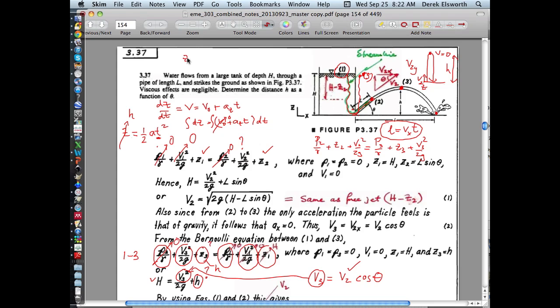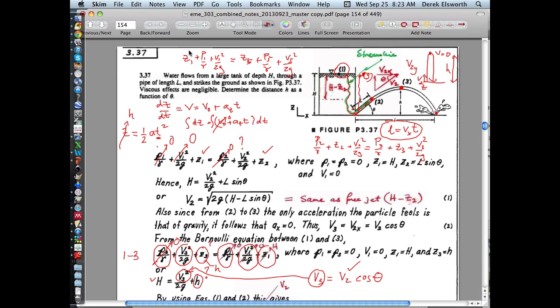You have Z1 plus pressure 1 over unit weight plus V1 squared over 2g is equal to Z5 plus P5 over unit weight plus V5 squared over 2g. And so maybe you don't know what this height is. You could ask yourself the question, what is the place where the streamline velocity is equal to 0?